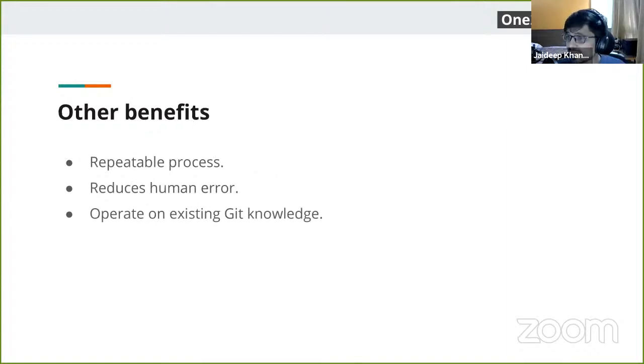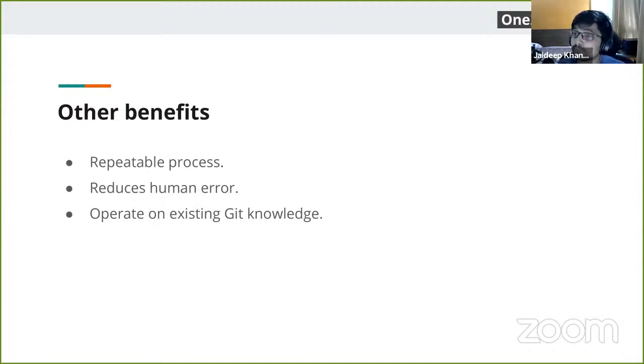Besides that, there are other benefits of GitOps. It is a repeatable process. Since it is part of your source code repository, the teams and new joinees can leverage the process and see that everything is part of the Git repository. I can start consuming it. It becomes very seamless and easy.